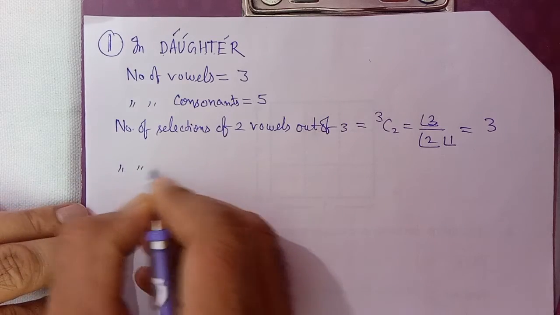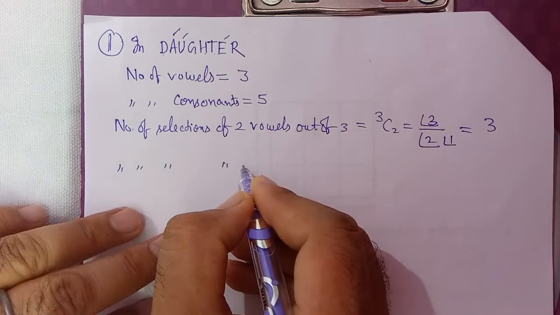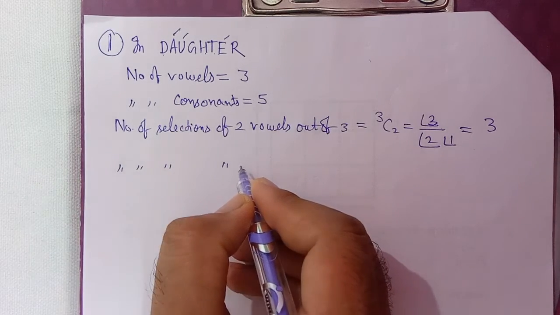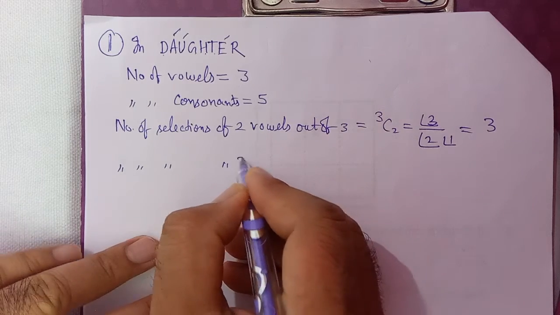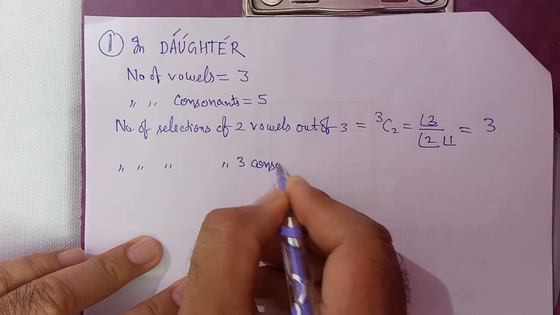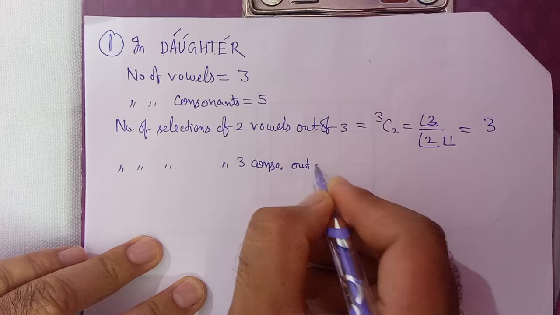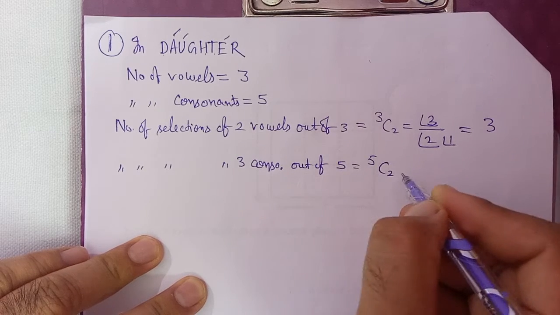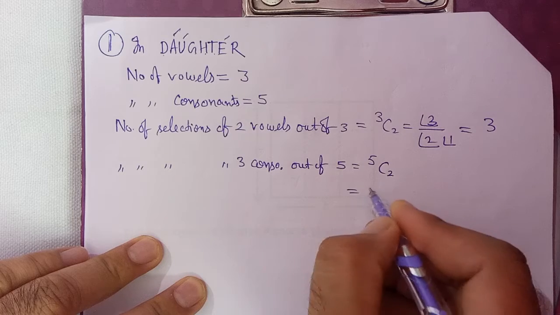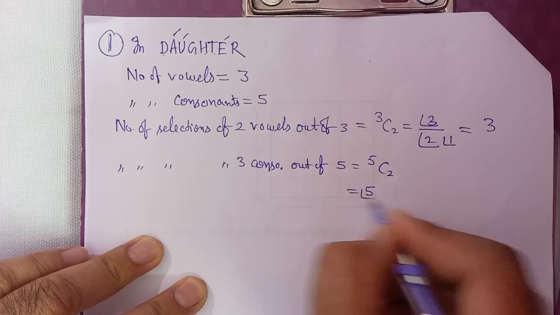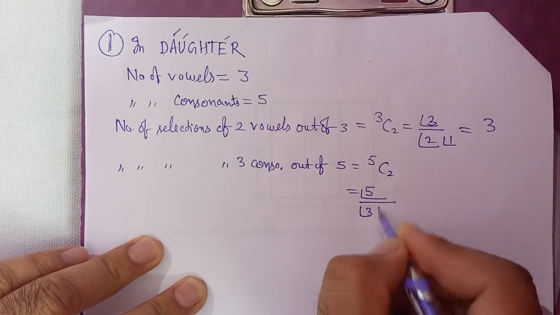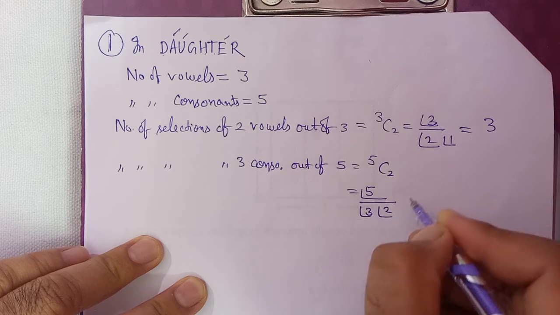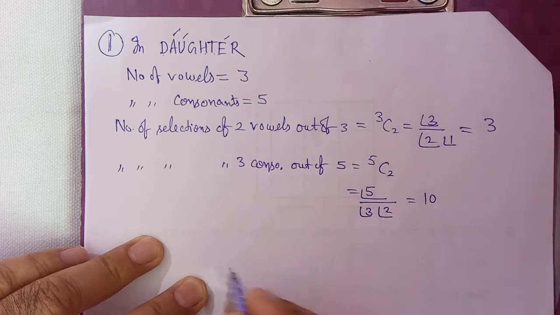Second, number of selections of 3 consonants out of 5 consonants. It will be 5C3. It means 5 factorial upon 3 factorial, 2 factorial, it will be 10.